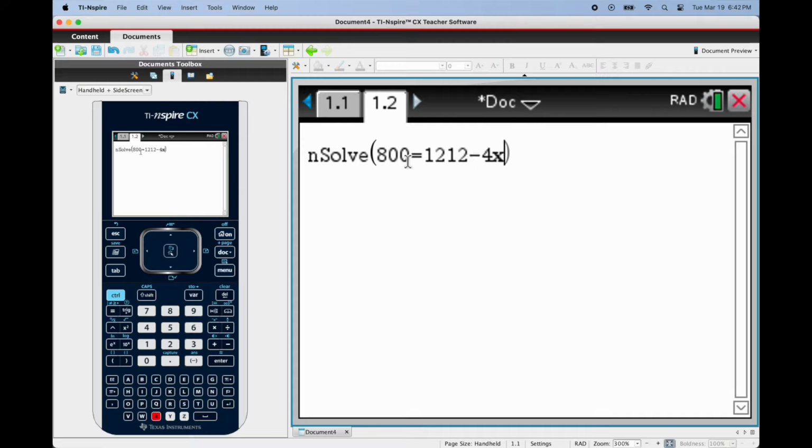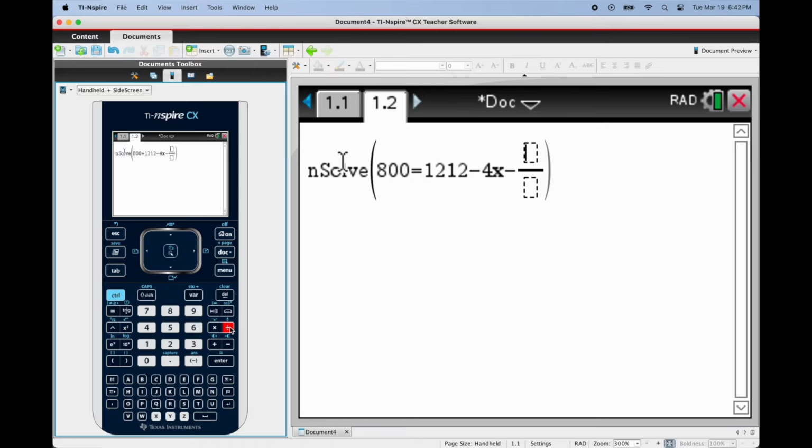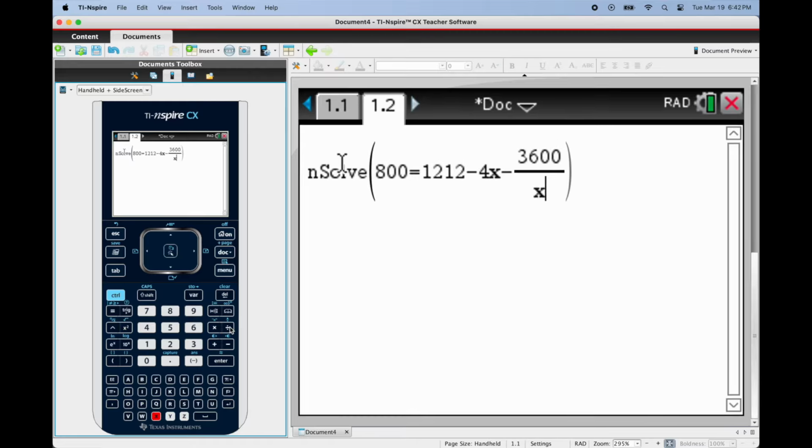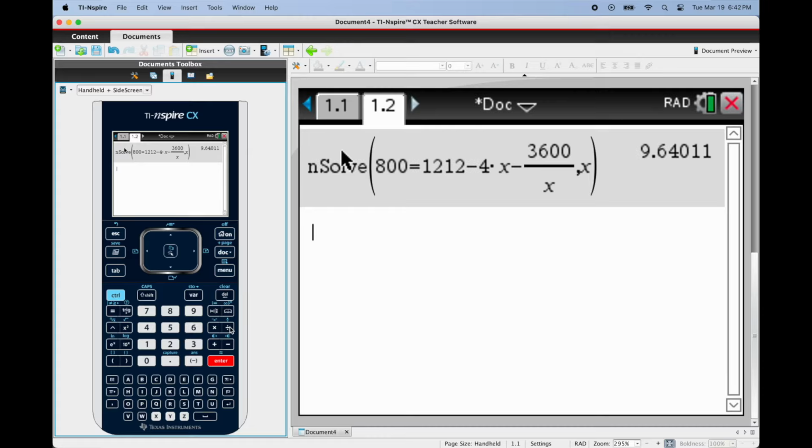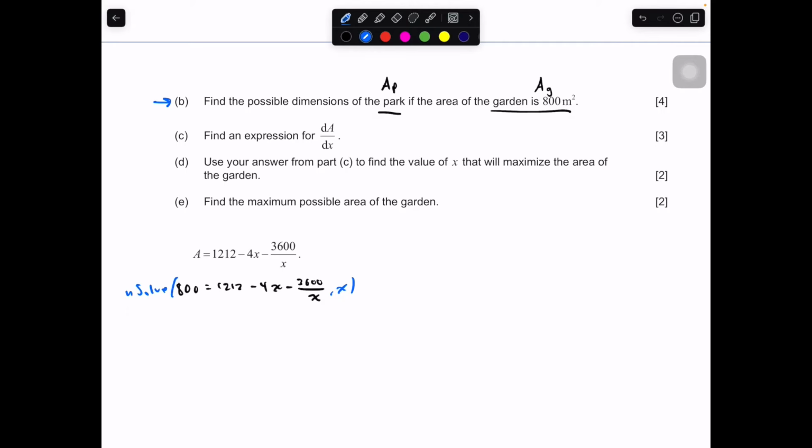Minus 4x minus 3600 over x, solve for x. Okay, 9.64. X is equal to 9.64.